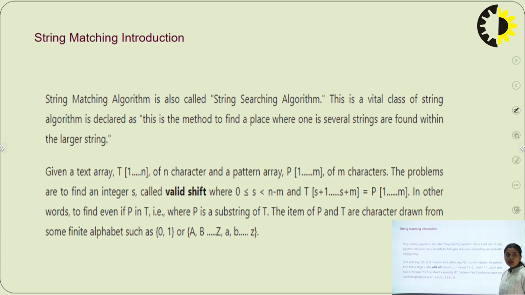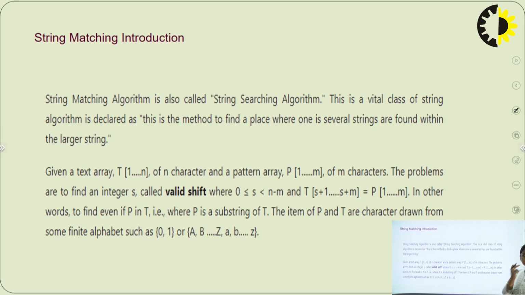Given a text array T of characters 1 to n, where n is the number of characters, and a pattern array P with characters 1 to m, the problem is to find an integer s, called a valid shift, where s is from 0 to n minus m, where n is the length of the text and m is the length of the pattern, such that the text from s plus 1 up to s plus m is equal to the pattern 1 to m.